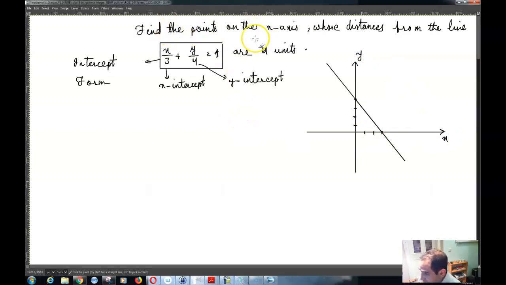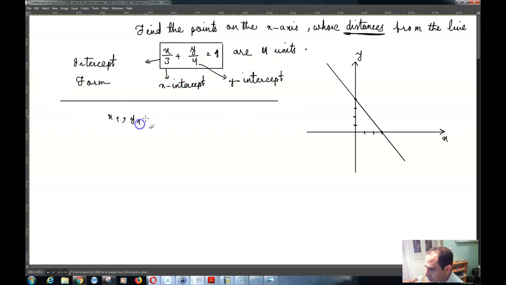Now you want to find all the points on the x-axis whose distances from this line, and distance means perpendicular distance, are 4 units. We talked about the formula that gave us the distance between a point x1 comma y1 and the line ax plus by plus c is equal to 0.